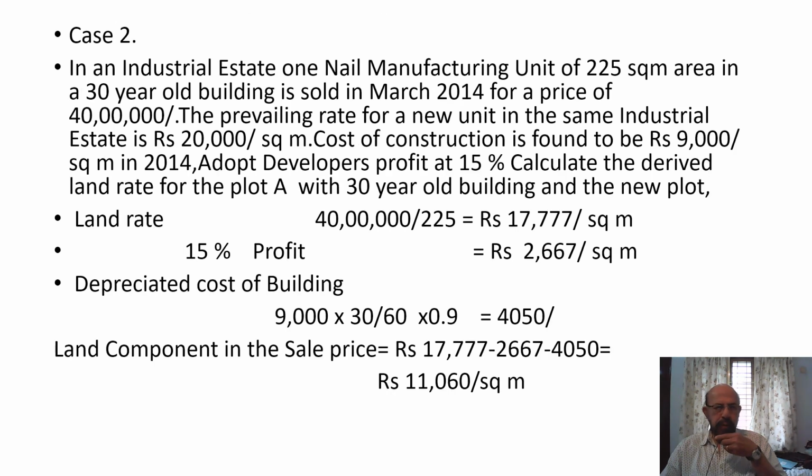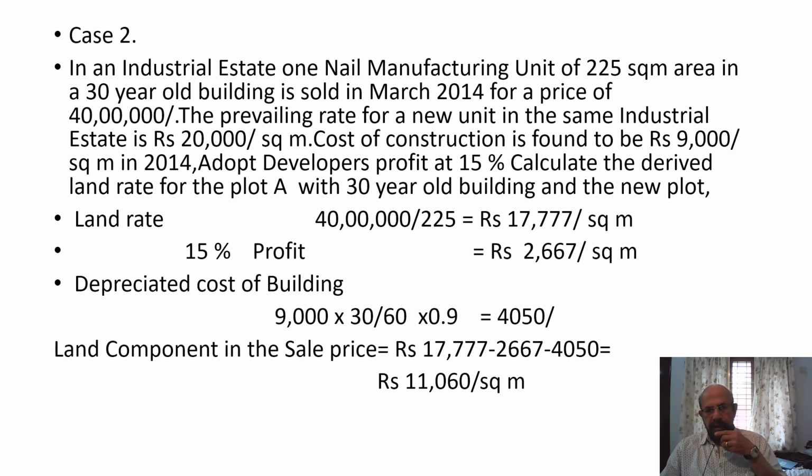Case 2. In an industrial estate, one nail manufacturing unit of 225 square meter area in a 30-year-old building is sold in March 2014 for a price of rupees 40 lakhs.